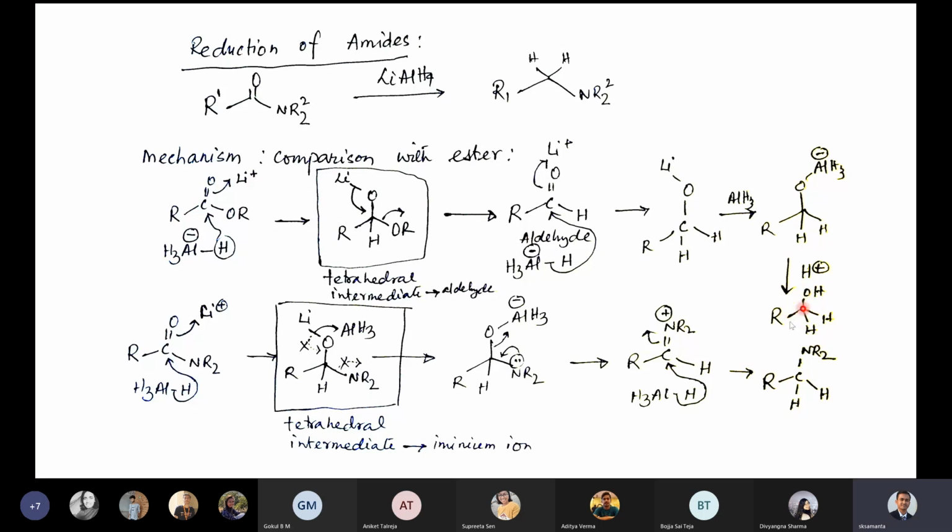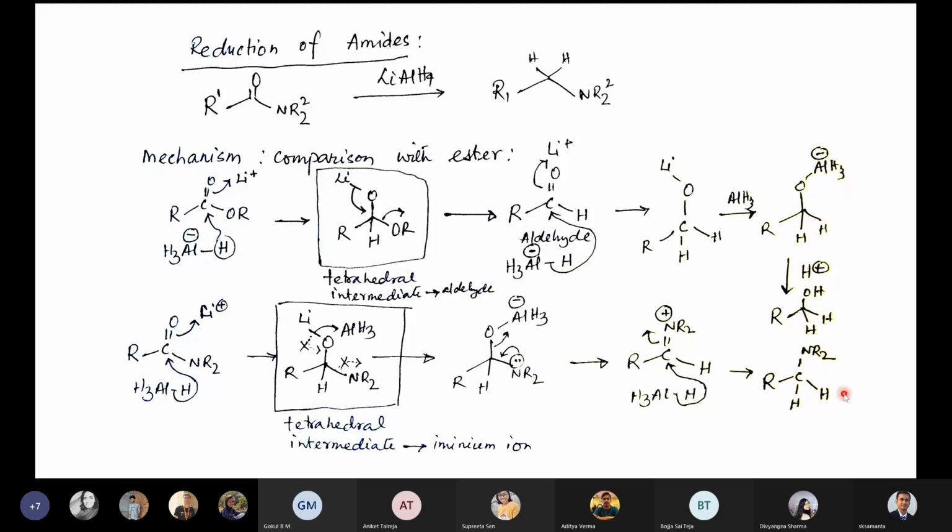These are actually primary alcohols, because you have only one arm. But in the amide case you get an amine. The OH does not stay here anymore.